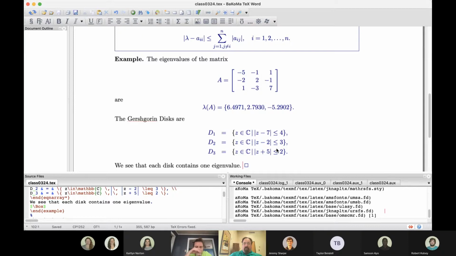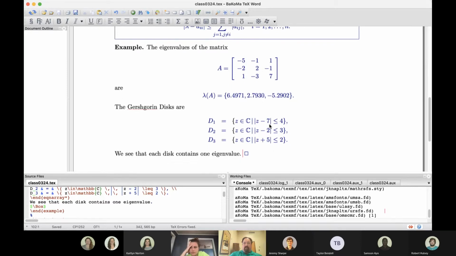So 4 for the third row, 3 for the second row, and 2 for the first row. And so what we see is this eigenvalue is pretty close to 7. It falls within this disk. This eigenvalue is not too far away from 2. It falls within this disk. And this one, close to -5, falls within this one.